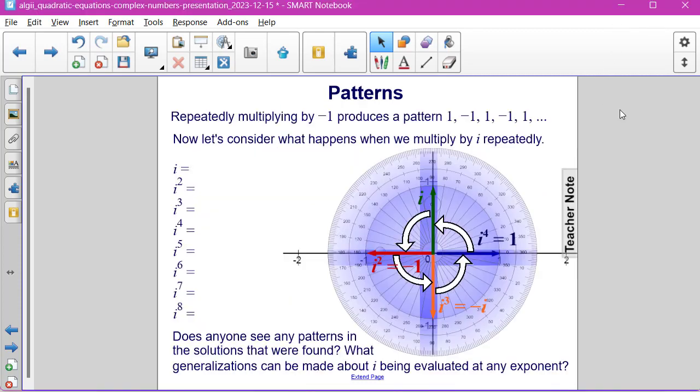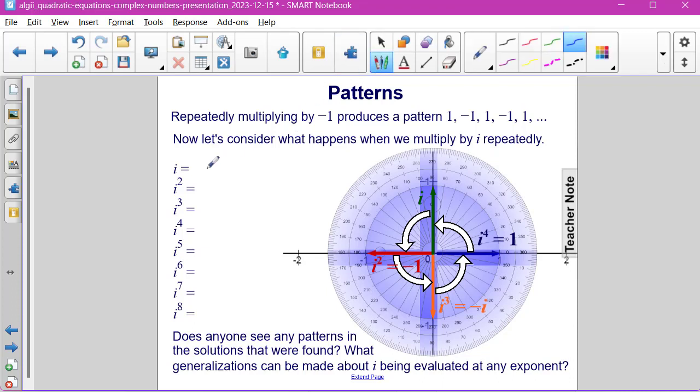Let's see if we can find any patterns with imaginary numbers. Repeatedly multiplying by -1 does produce a pattern: 1, -1, 1, -1, 1, and so on. Now let's consider what happens when we multiply by i repeatedly.